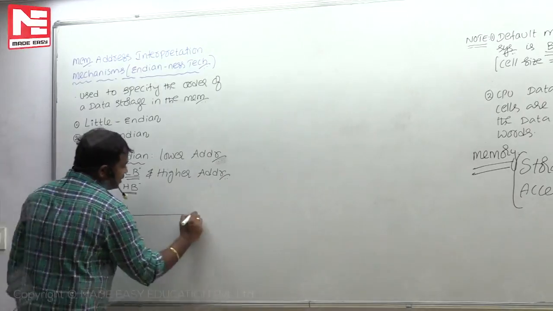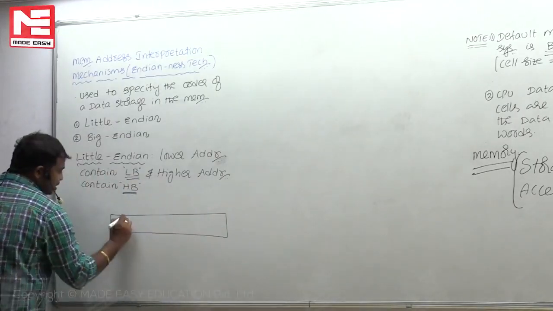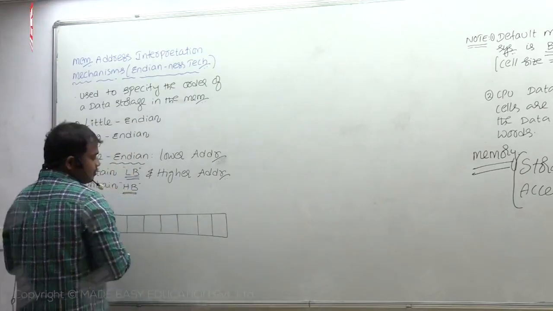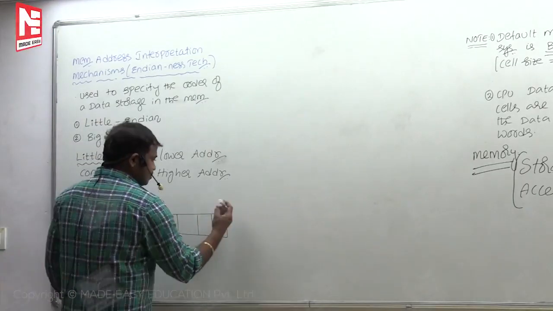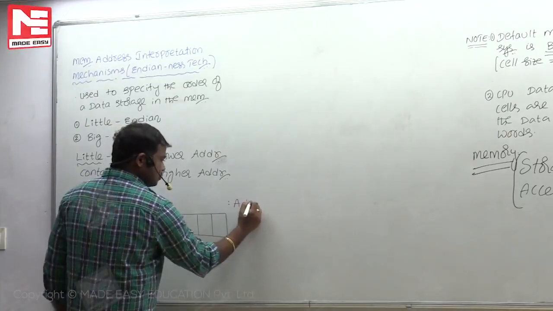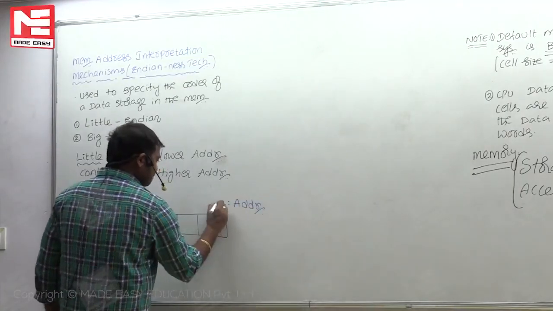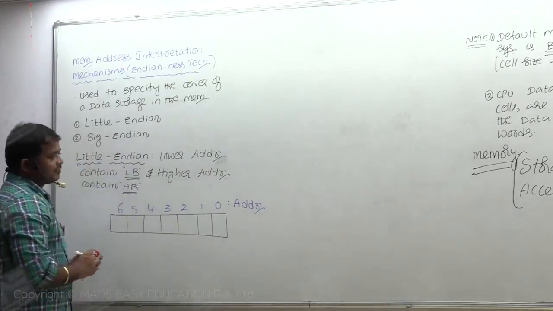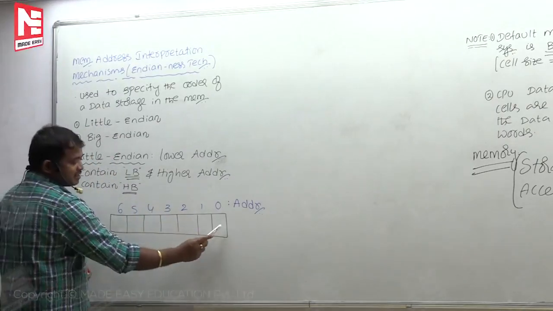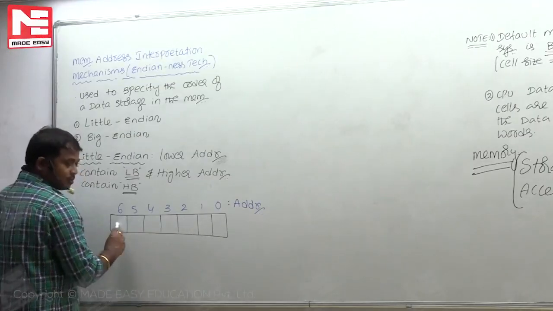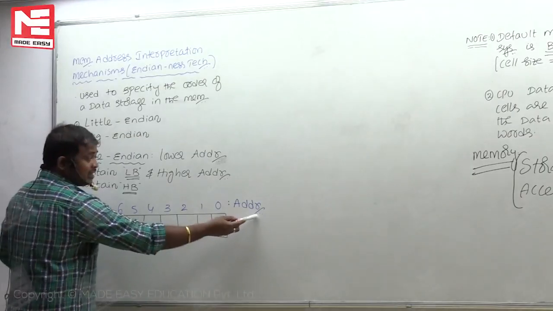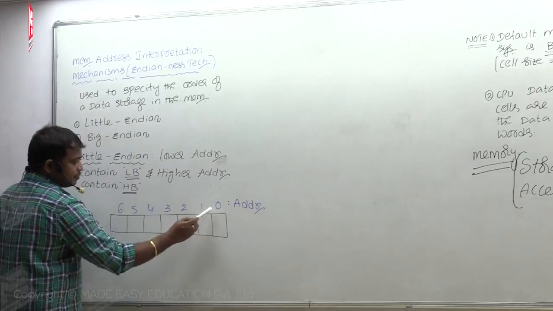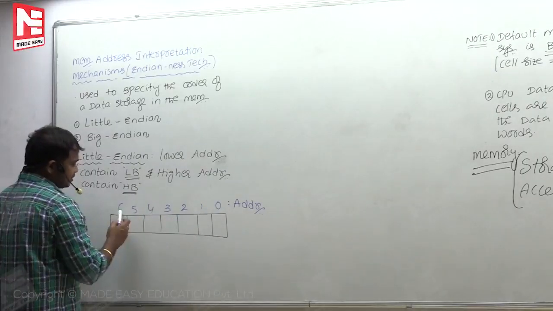Right? Diagrammatically, we can show the endianness mechanisms like this. See, these are the memory cells. Every memory cell is addressable. Address is always from low to high: 0, 1, 2, 3, 4, 5, 6.